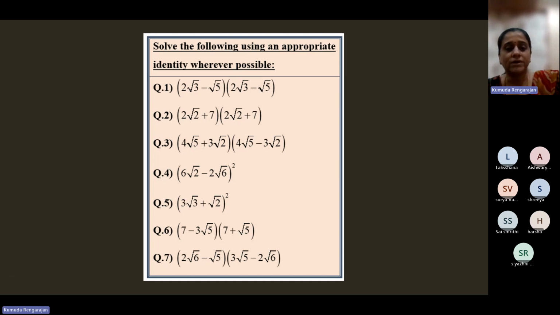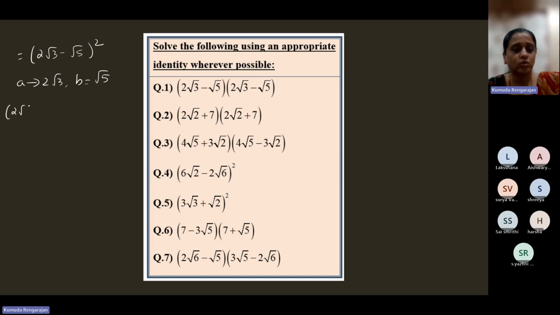It's of the form a minus b into a minus b, which is a minus b the whole square. So this is of the form a minus b the whole square, where a is 2 root 3 and b is root 5. So how do you expand a minus b the whole square?